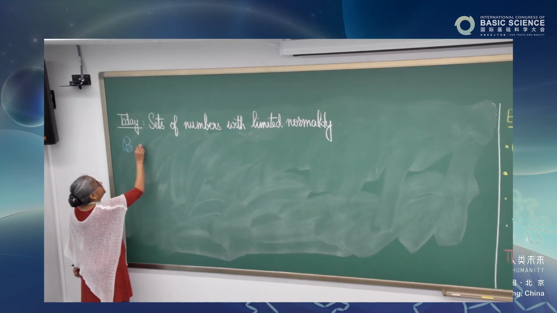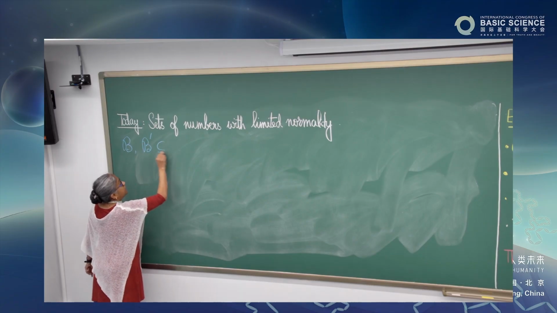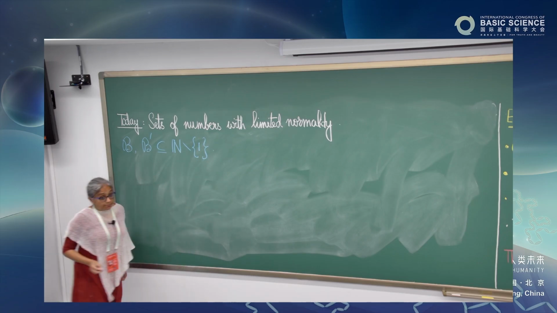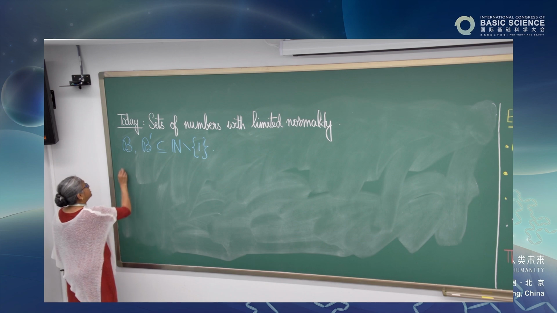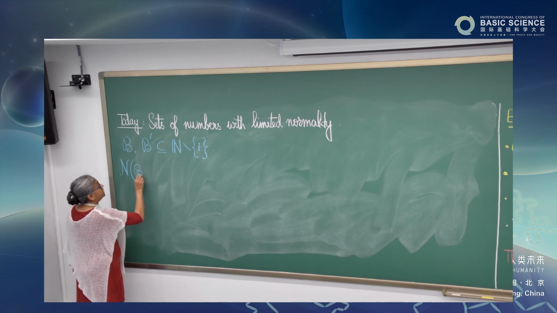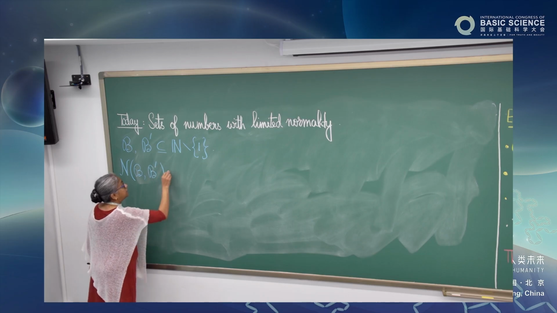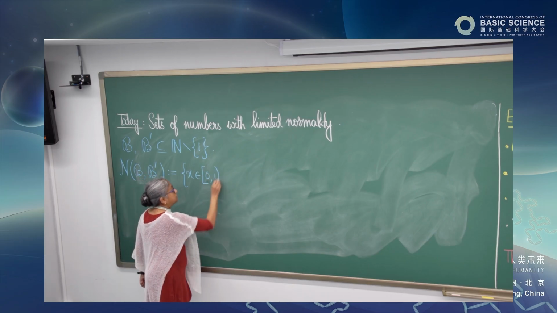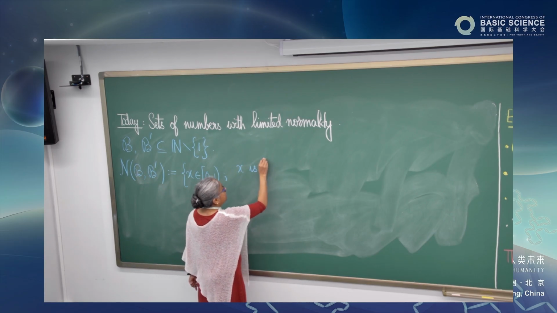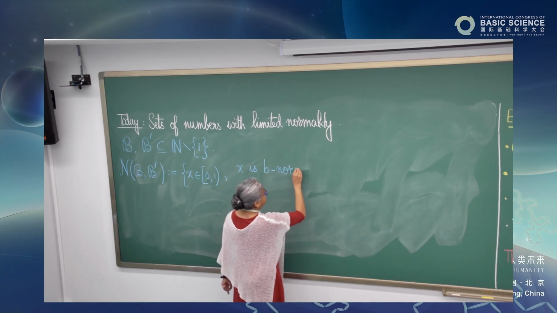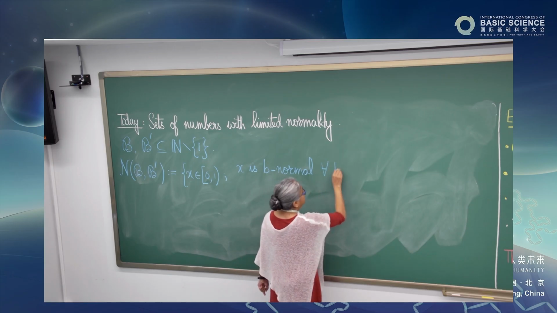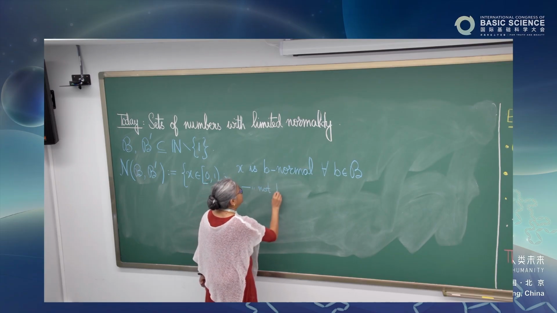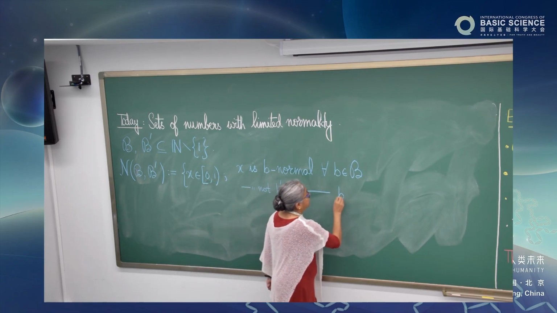So we're going to take two subsets, B and B prime. These are subsets of bases, could be empty, we don't know. And we're going to denote by script N(B, B prime) the set of x's in [0, 1] such that x is b-normal for all b in script B, and x is not b'-normal for any b' in B prime.